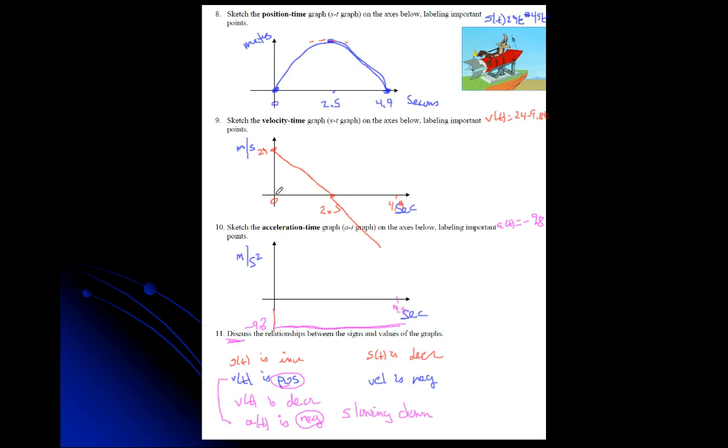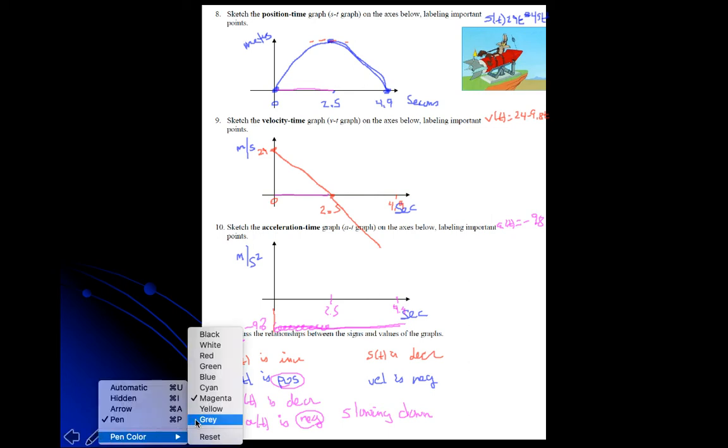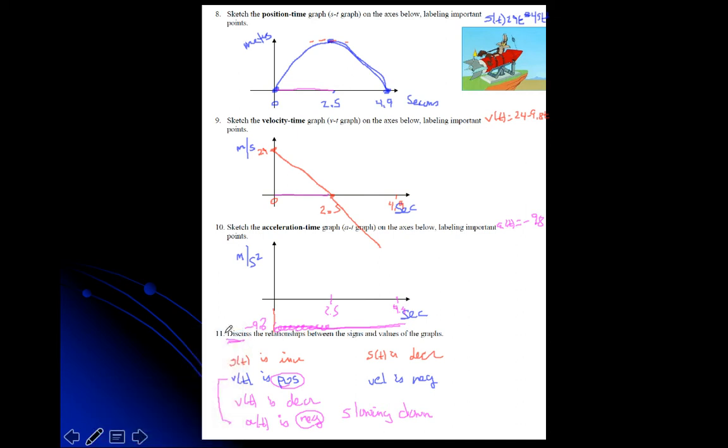So from 0 to 2.5, Wile E. Coyote is slowing down. But when velocity is negative and acceleration is always negative, Wile E. Coyote is speeding up, going faster till he hits the ground, because velocity has the same sign as acceleration.